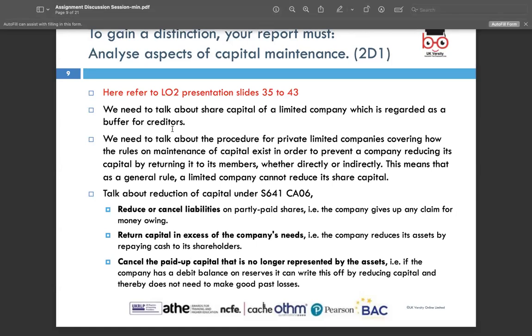Again, you can refer to learning outcome 2 presentation slides 31 to 43 for a detailed discussion on the maintenance of capital and its implications. Okay.